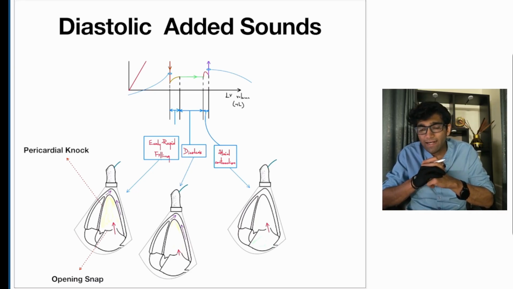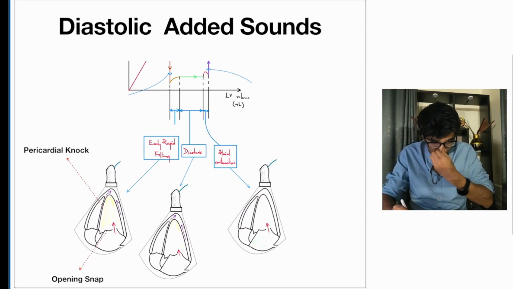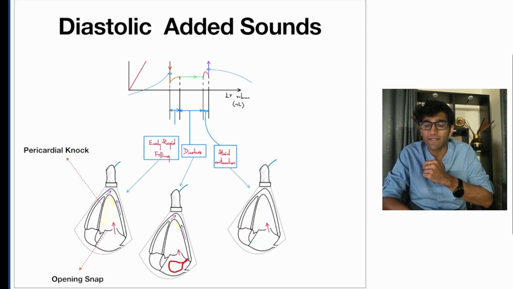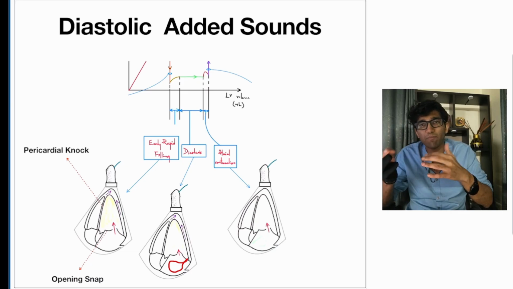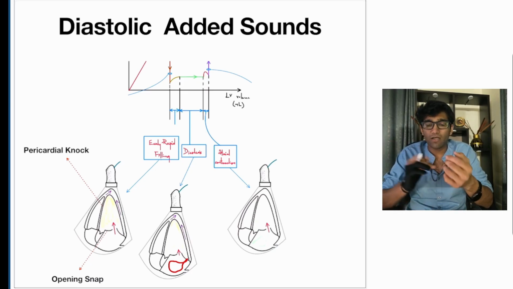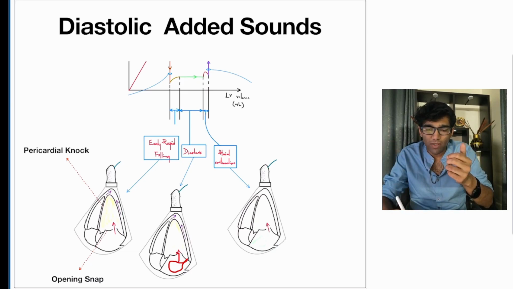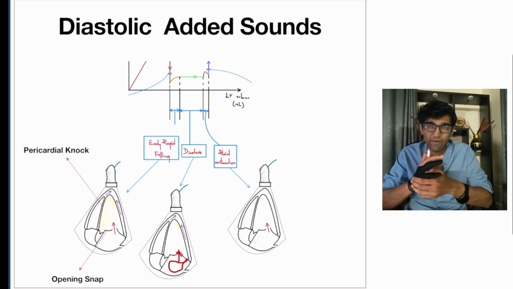The last sound that we can get is what we call a tumor plop. A tumor plop happens because of a tumor, classically an atrial myxoma, that is present within the left atrium. This tumor is pedunculated and moves freely within the left atrium. So when blood is moving from the left atrium to the left ventricle, depending on the positioning of the patient, the tumor can enter the AV valve orifice and block it.